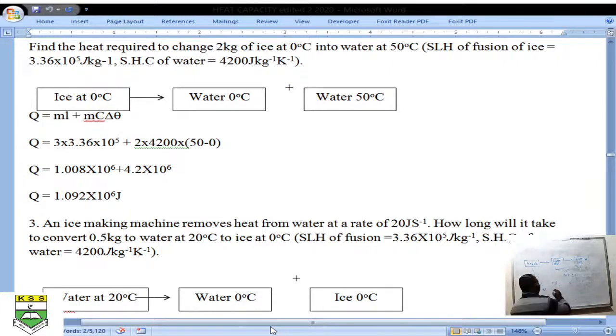The mass here is supposed to be 2 times the specific latent heat of fusion, which is 3.36 times 10 to the power 5. That one was supposed to be 2, and then plus the same mass of ice is the same mass that has become what? Water, and then it will be 2 times 4200 times (50 minus 0). So friends, I think that is enough work for today.